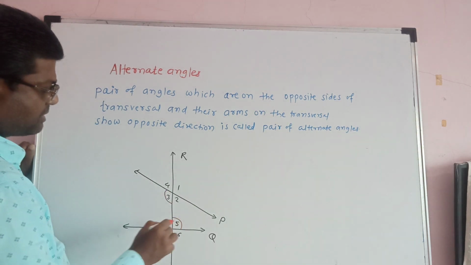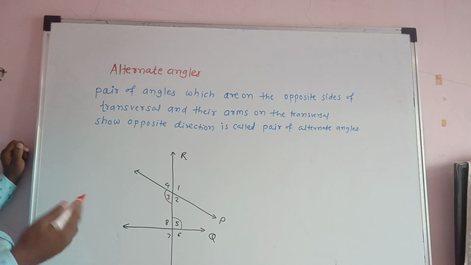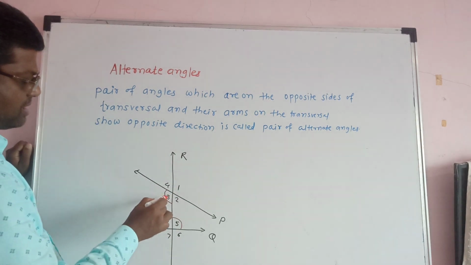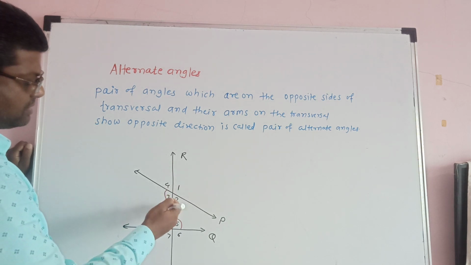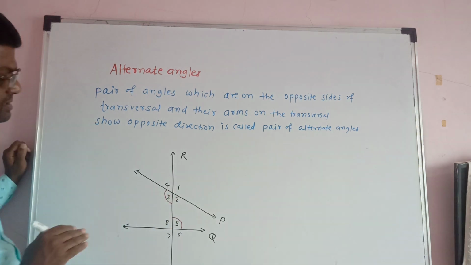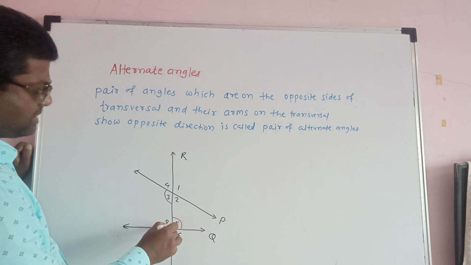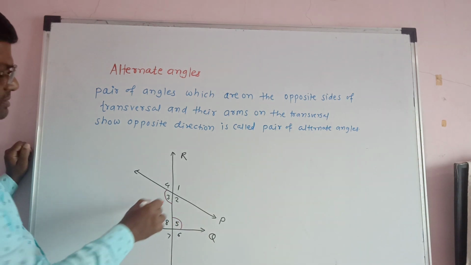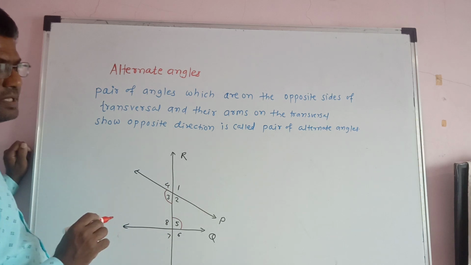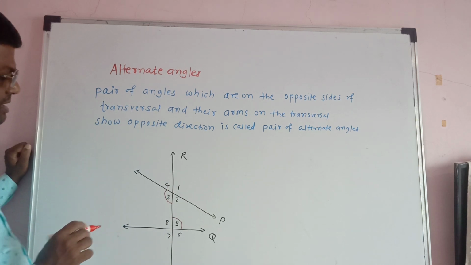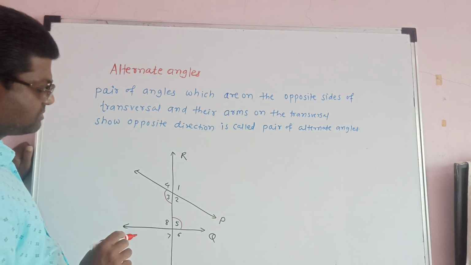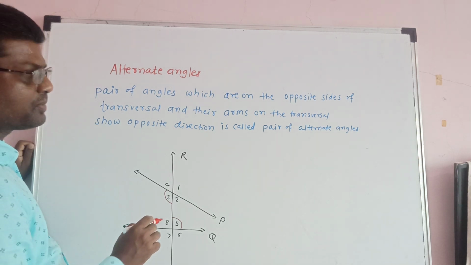Angle 3 and angle 5 are on the opposite side of the transversal. Angle 3 is towards the left of the transversal and angle 5 is towards the right of the transversal. So these two angles are on the opposite side of the transversal and their arms on the transversal are in opposite direction.